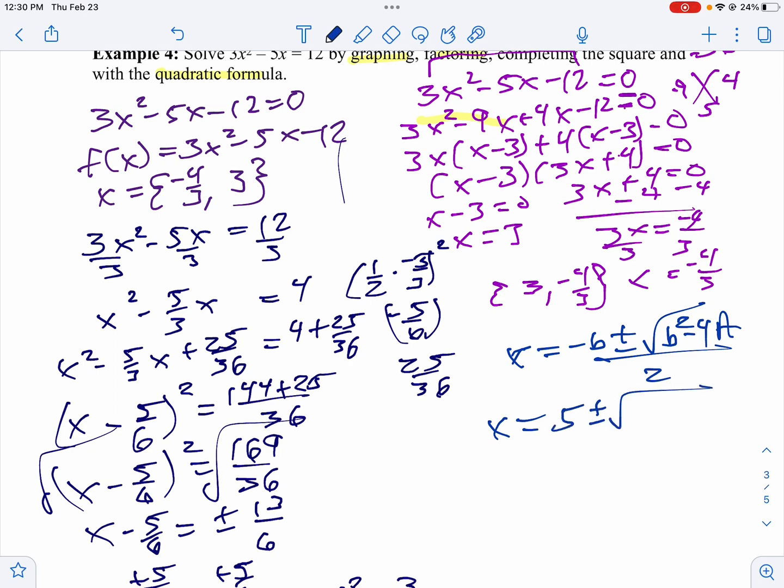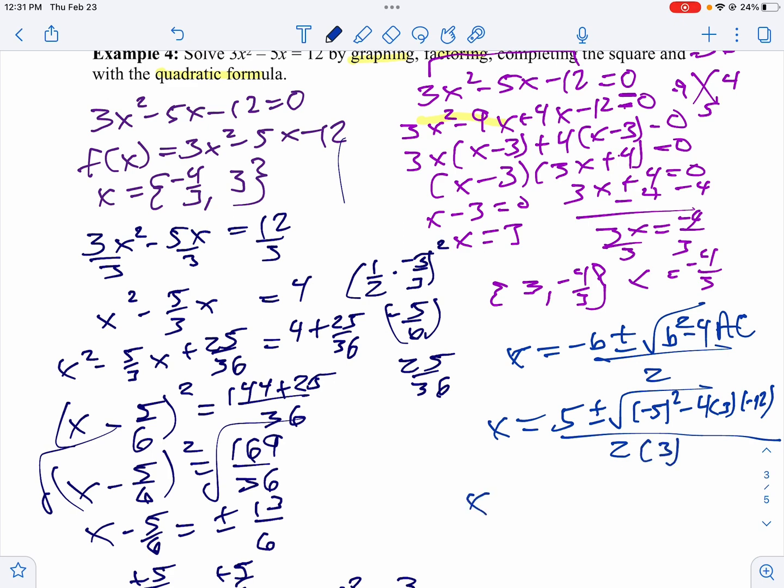Plus or minus the square root of negative 5 squared, minus 4 times a, which is 3, times c, which is negative 12. All over 2 times 3.